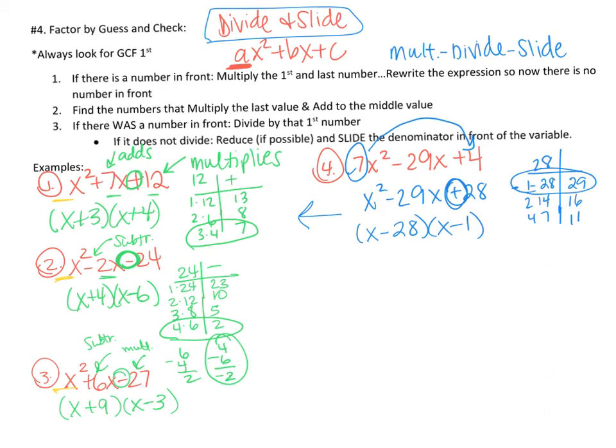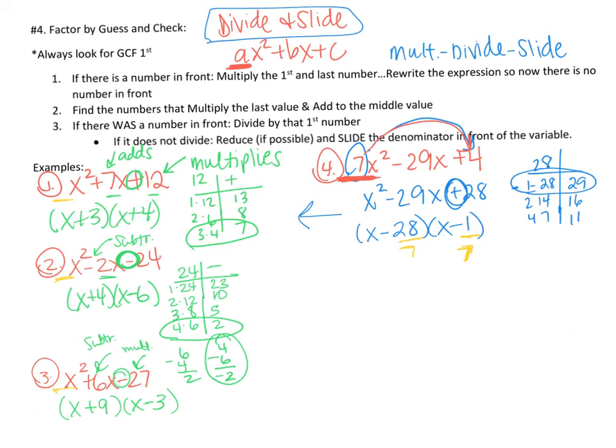Remember, the problem we started with had this 7 out in front, and that 7 got multiplied. So now we need to go back and divide it back out. If I first multiplied the end numbers by 7, I need to go back and divide those end numbers by 7.